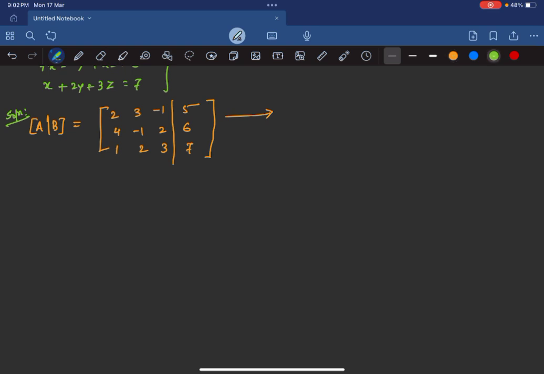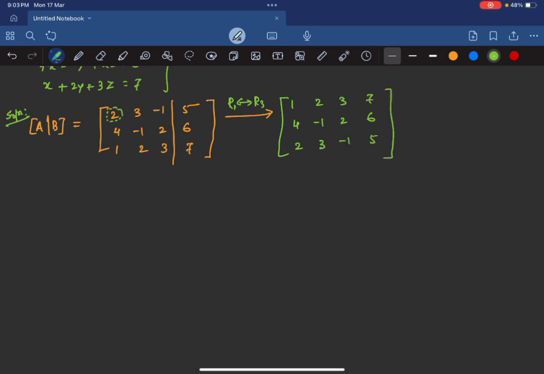Now you need to convert this into its reduced form. The first work will be to make this position 1. For that, the easiest thing you can do is R1 interchange with R3. This is permissible, interchange of rows is permissible. So what you have is 1 2 3 7, then 4 minus 1 2 6, then 2 3 minus 1 5.